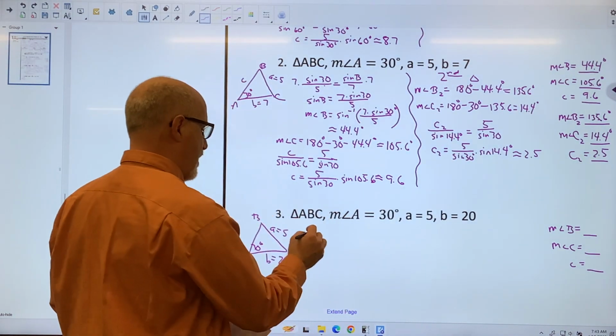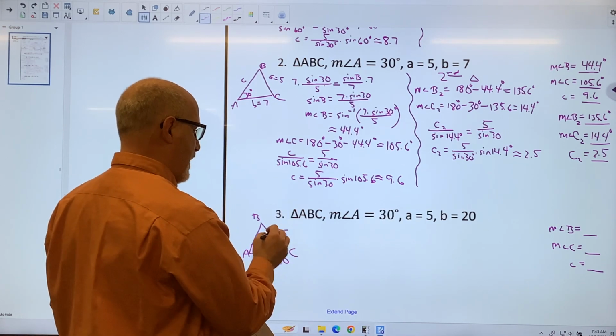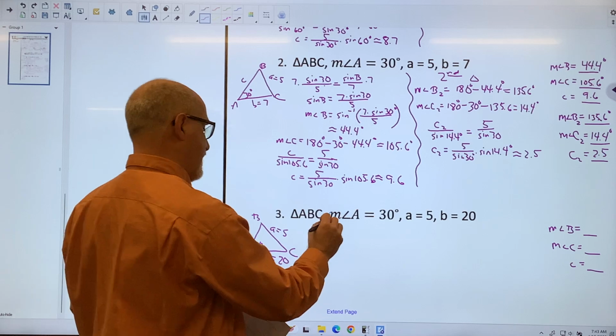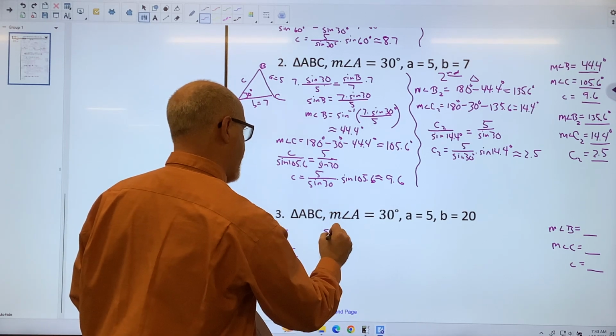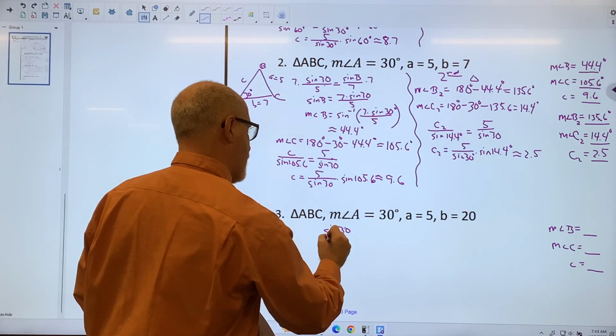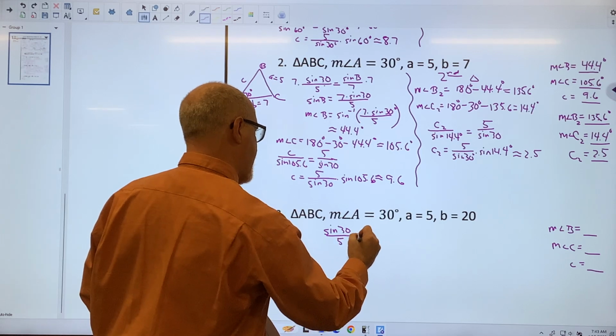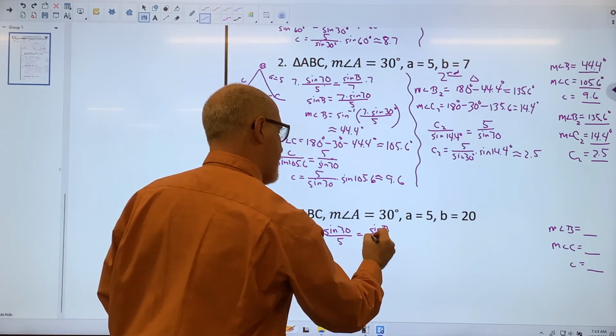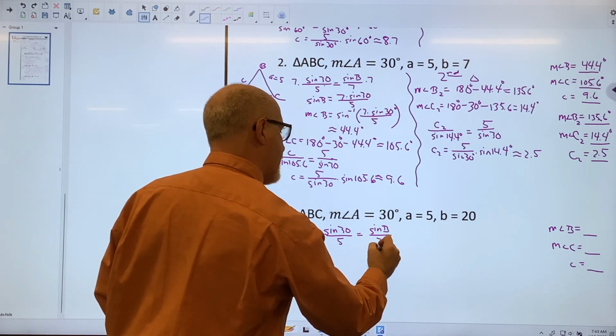All right, now we're going to do law of sines here. I'm finding angle B next because that's opposite the side given. So I'm going to do sine of 30 degrees over 5 is going to equal sine of B over 20.